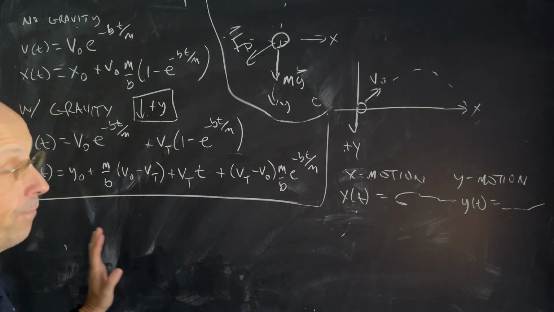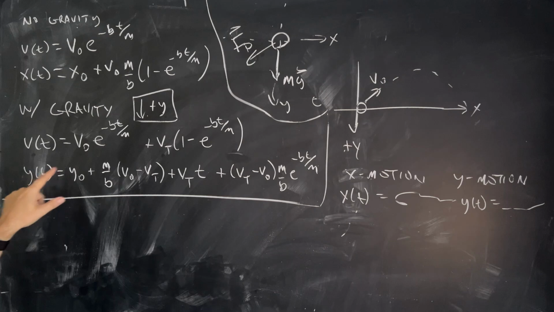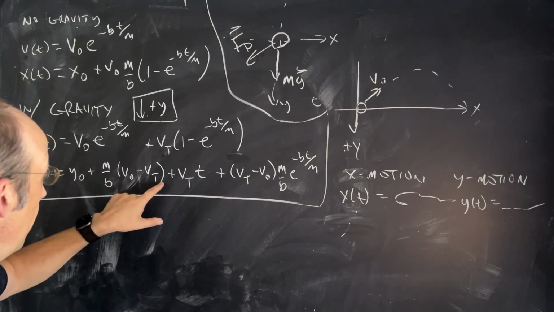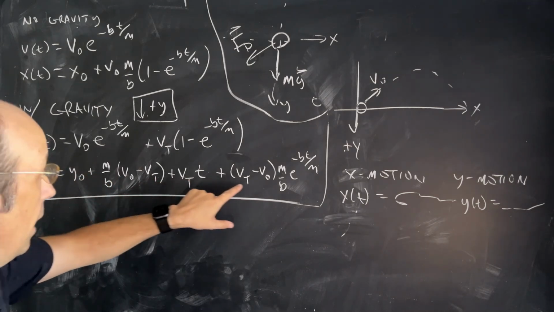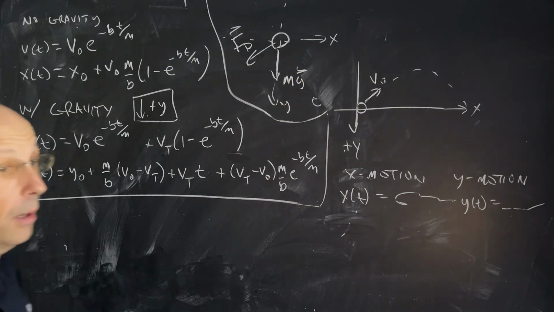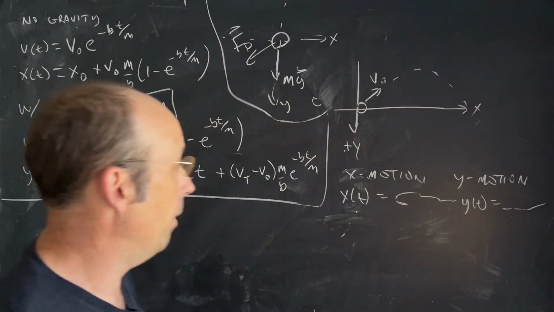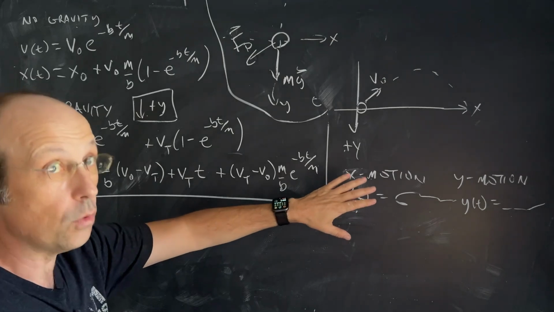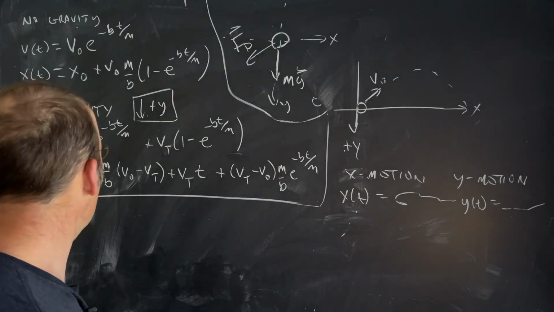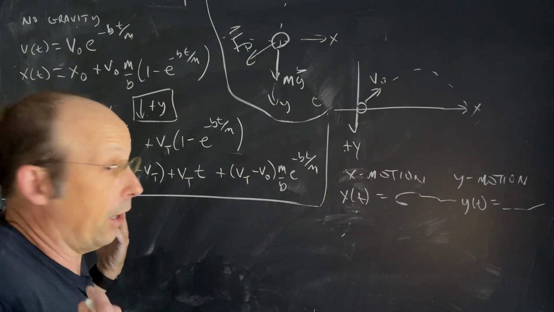Not easy, okay, because there's a term with t and then an exponential. So I'm not actually going to plug that in because I want to focus on the model more. I want to show that these equations do indeed work. So I'm done. I don't have to do anything extra.